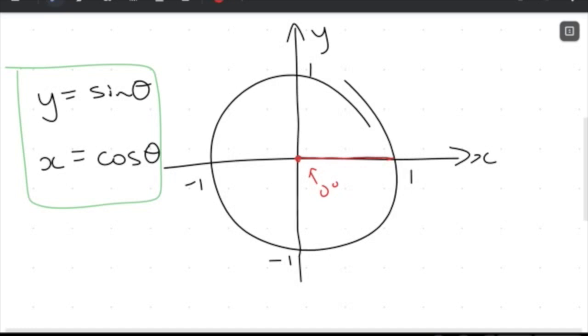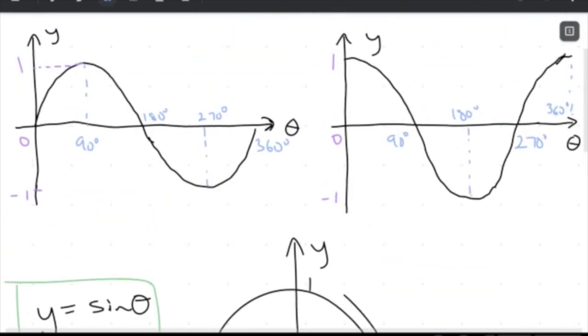The sine of 0 here, you can check this in your calculator, gives you 0, because sine theta equals opposite over hypotenuse. My hypotenuse is 1, but my opposite here, there's no actual triangle. It's 0. So sine of 0 is going to be 0. Hence why we are starting over here.